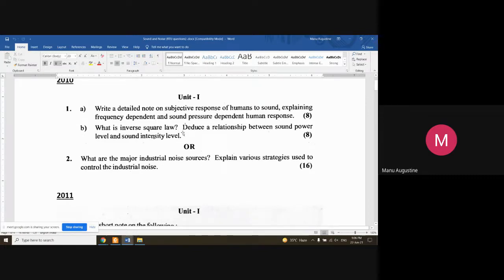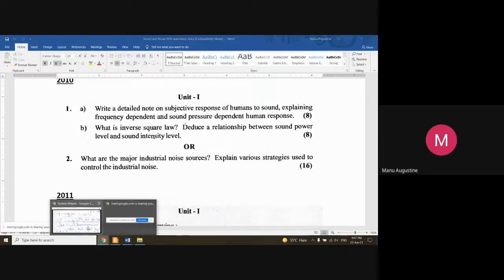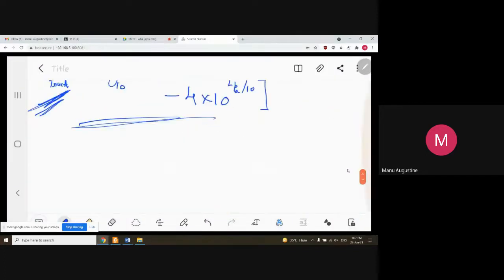Inverse square law is basically the law that with the distance, the sound intensity reduces. How does it reduce? Inverse square law for sound. We are talking about inverse square law for sound. What is that?